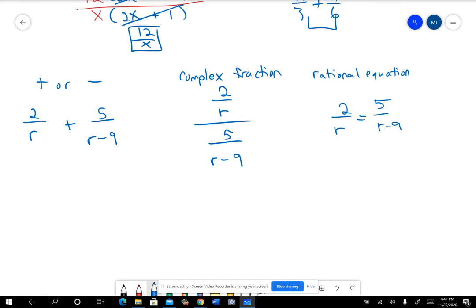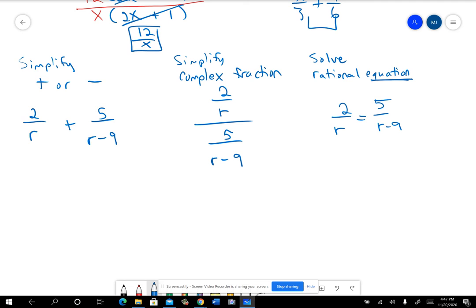So the first two are expressions. This is an equation. So this is a rational expression where you're adding or subtracting. This is a complex fraction. Both of these you would just be really simplifying. But here you've got an equation, so the directions would probably say to solve.